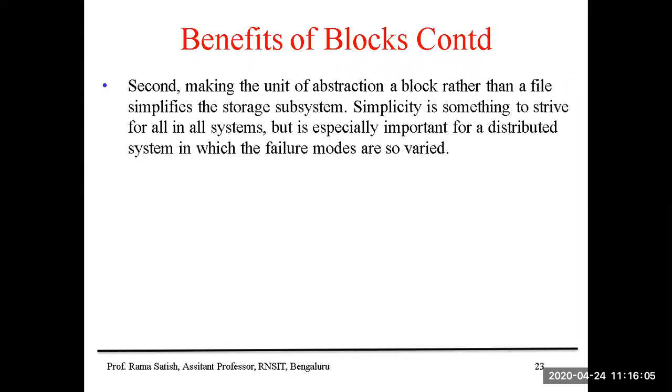If something fails, you need not worry about the other parts of the file. Only that particular block has failed, and that block can easily be recovered from the other two copies. It will always maintain the 3 copies. Even if there is a failure, it automatically sees that the replication factor of 3 is maintained.